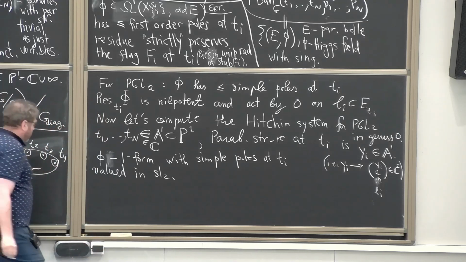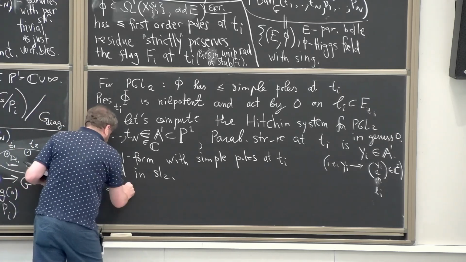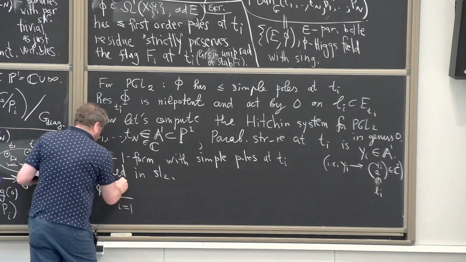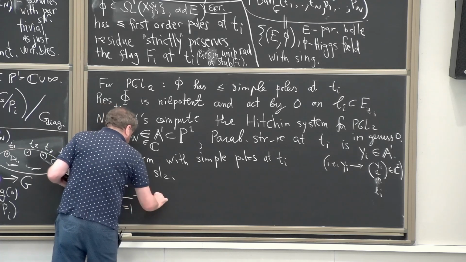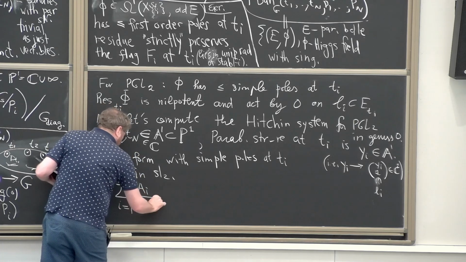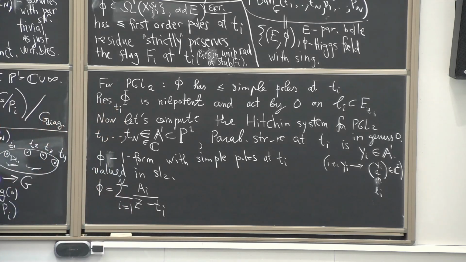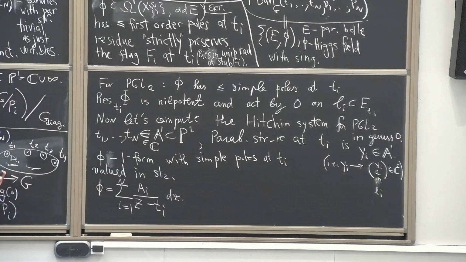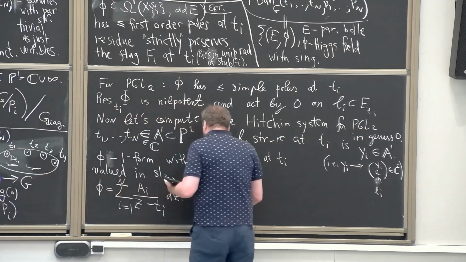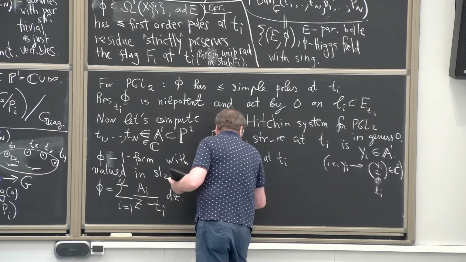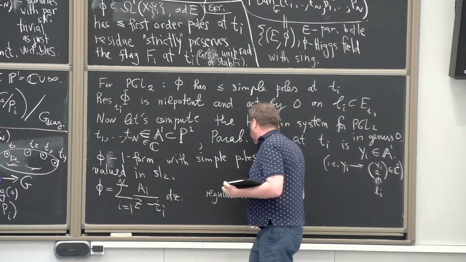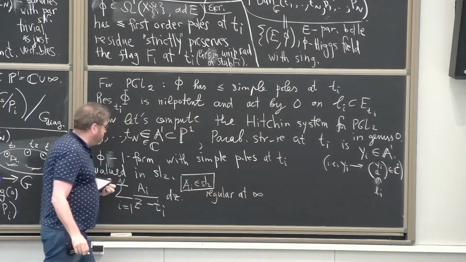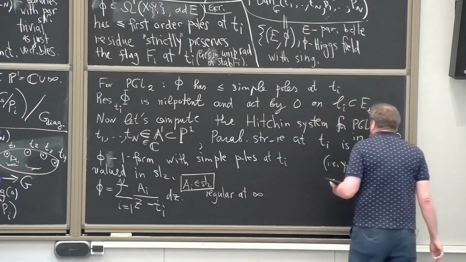So this means that phi is going to be the sum over i from 1 to n of Ai divided by z minus Ti times dz, where the Ai are in SL2. But it should be regular at infinity, because at infinity we don't have a puncture.